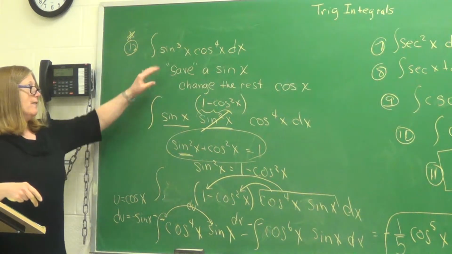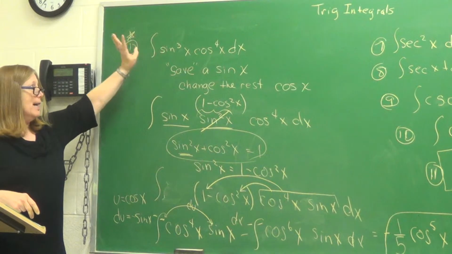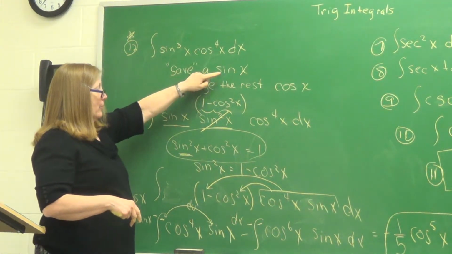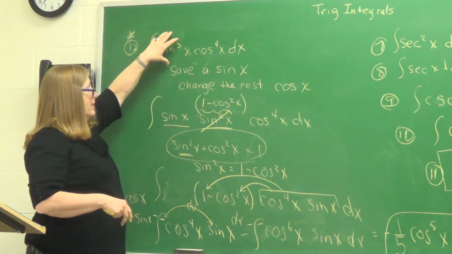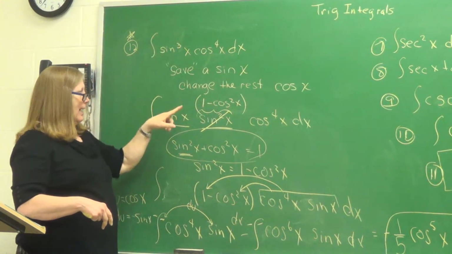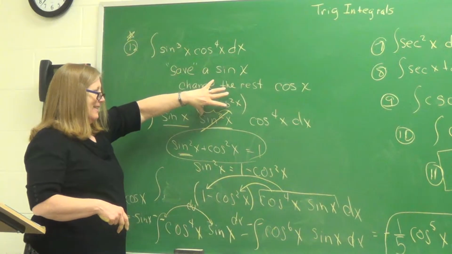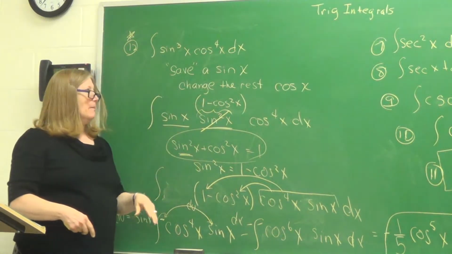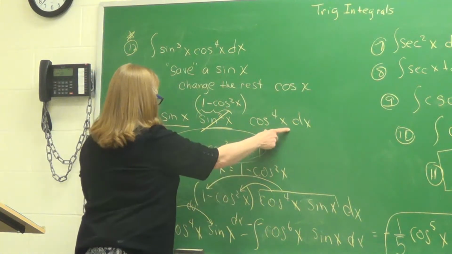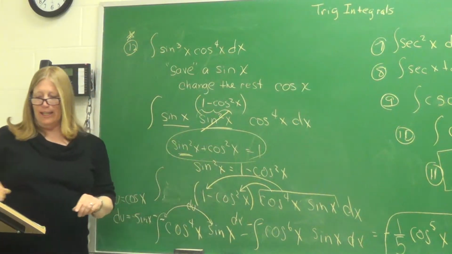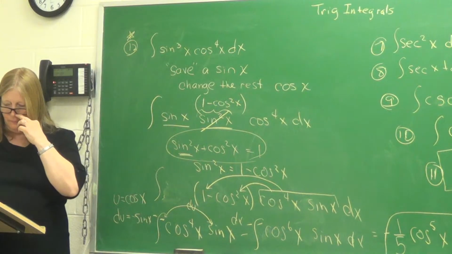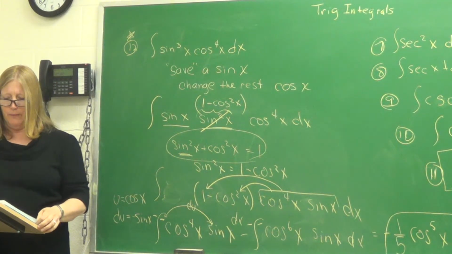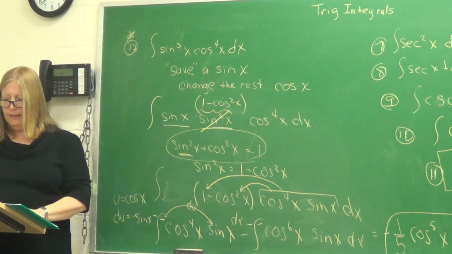Let me say, if this is sine to the fifth, when you pull out one of your sines to save as a u du sort of thing, then you change this back to cosine, you're going to have 2 of these. So you're going to have to distribute all that out, and then multiply it times whatever's on either side, so it can get messy fast. That's why I'm going to skip this example and just point it out to you.